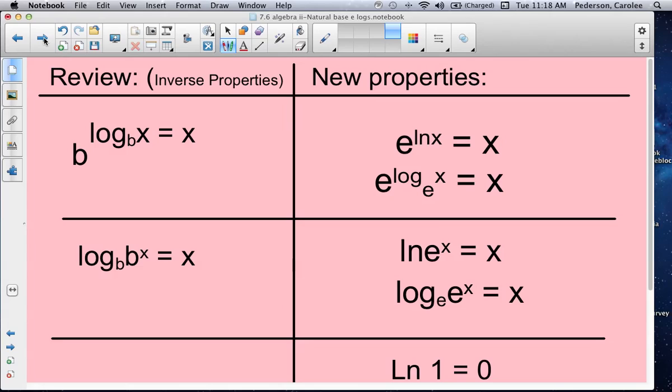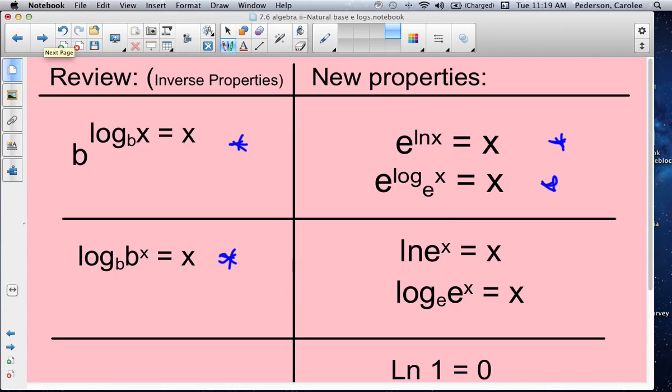All right, very important properties for you to write down. We've already done the ones on the left. We've written this one down, the inverse property and the inverse property. Here are the inverse properties now with logarithms and exponentials in base e. So we have, this is a new property, write it down. E raised to the ln of x, they are inverses of each other, so you're left with x.